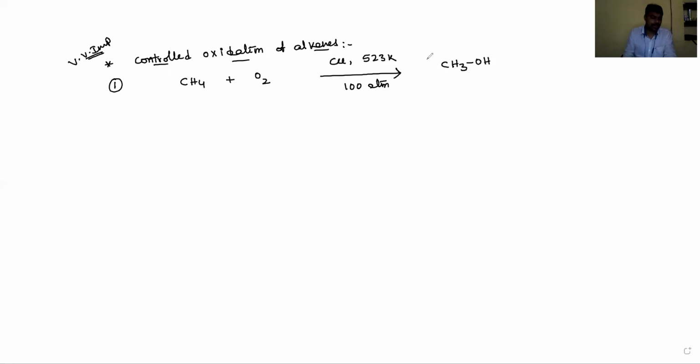Methyl alcohol is the product. Just balance this: 2 moles of methane and 1 mole of O2 forming 2 moles of methyl alcohol. So here the catalyst is copper, and the product you have to remember is methyl alcohol.